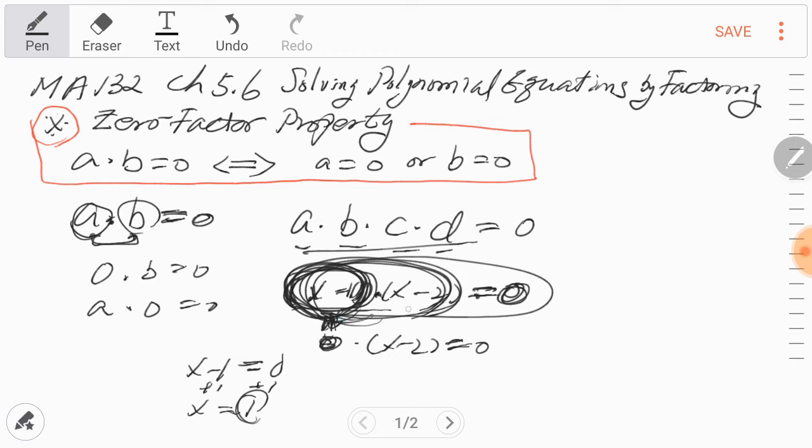This factor to 0 and another factor equal to 0. Then solve each equation. Those are the solutions to these equations. So if a times b is equal to 0, then a is 0 or b is 0.